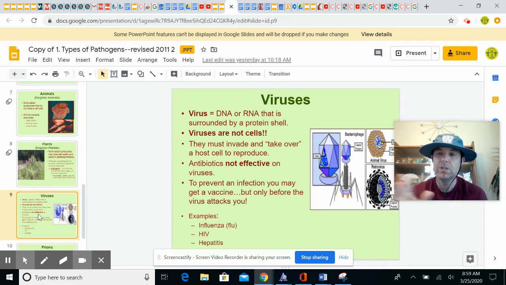And if it matches up with your cells, it can insert its DNA in and take over the mechanisms of your cell, and then it uses that to reproduce. So, because they're not made of cells and because they can't reproduce on their own, we consider them in biology not living. So they have to infect me or you in order to replicate.